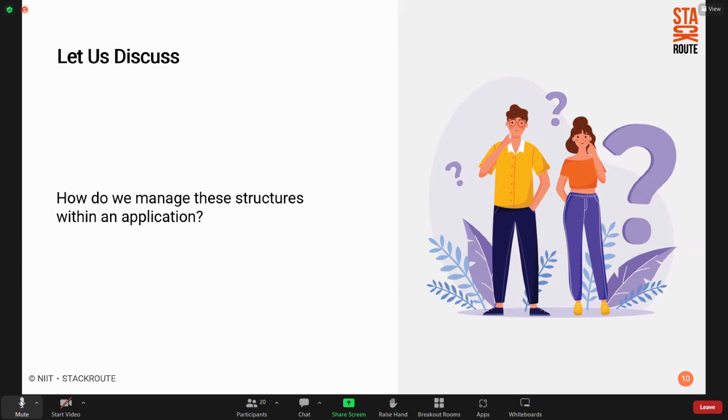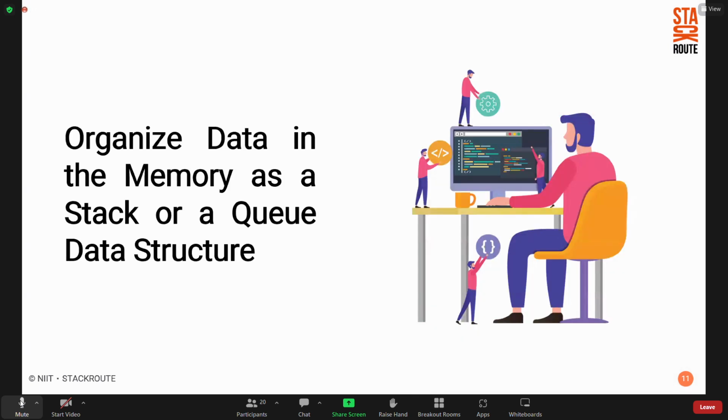How do we manage these structures within an application? In order to manage first come, first serve, or last come, first serve, in Java we have the stack and queue data structures. A queue follows first in, first out. This queue is familiar to all of us.